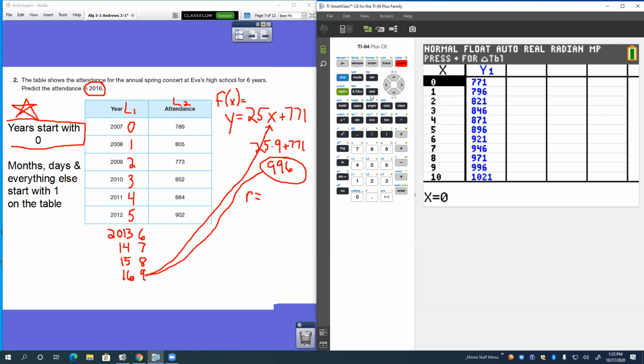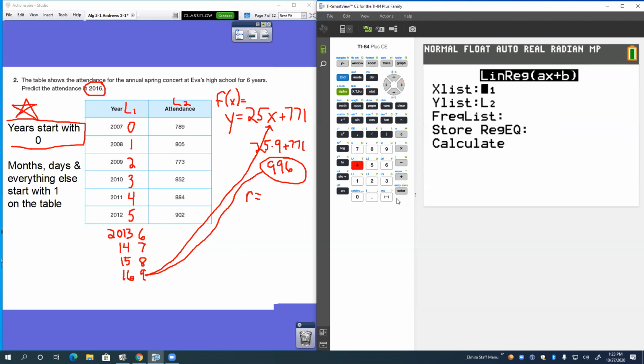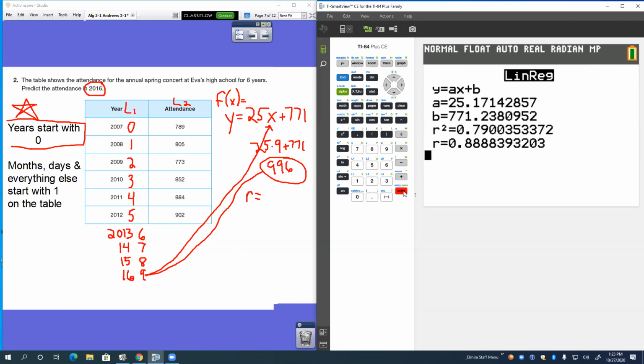Now, I'm going to go back to my data here. When we take a look at our data, remember, you ignore the r squared value. We're not going to use the r squared value. For your correlation coefficient, or r value, we want to look at r equals.